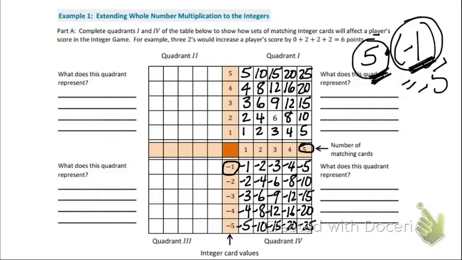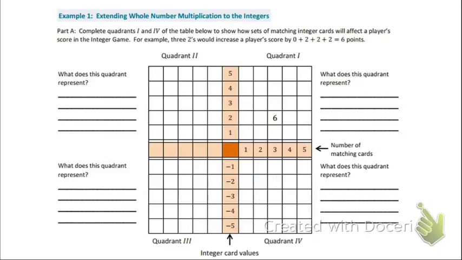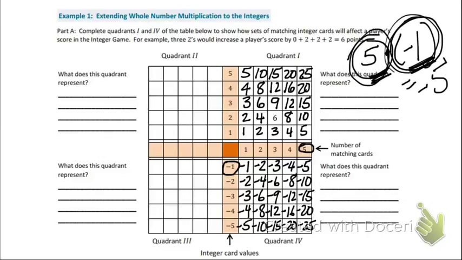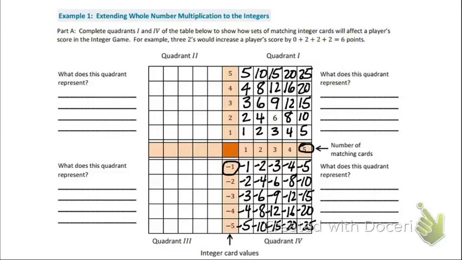And in this case, you're picking up 5 -1 value cards. So if yours doesn't look like that, please pause and make it look just like that.